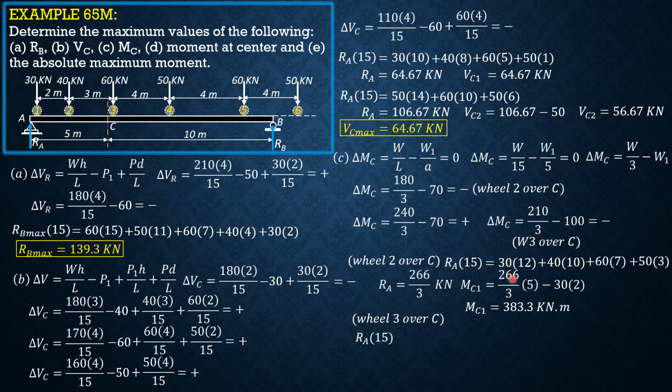So these are the only loads to be considered. So RA is 266 over 3 kilonewtons. So this is load 2 over C.